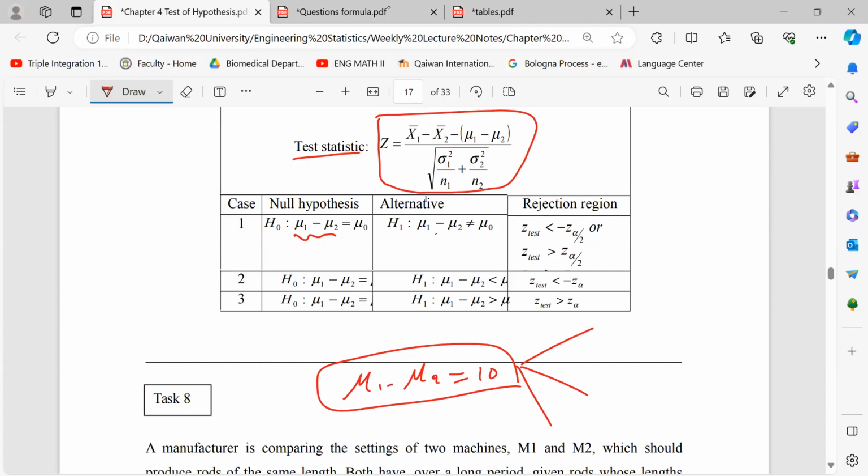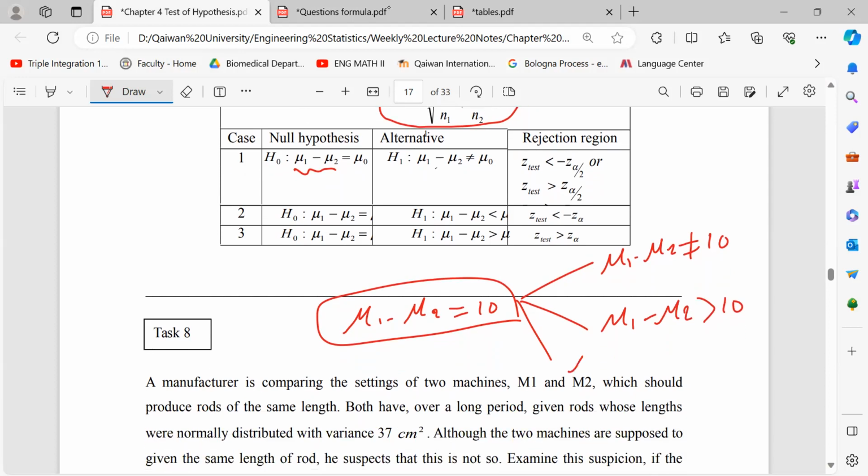We say mu1 minus mu2 doesn't equal 10, or mu1 minus mu2 is greater than 10, or mu1 minus mu2 is less than 10.